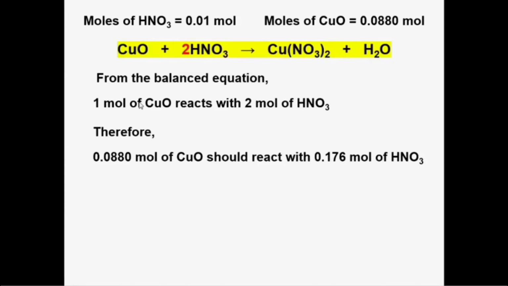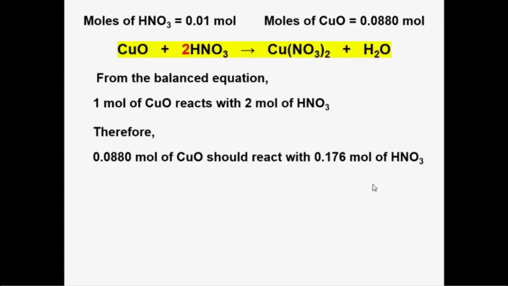Why? Because the ratio is 1 to 2. That's why this is the moles of nitric acid needed to react with 0.088 moles of copper oxide.